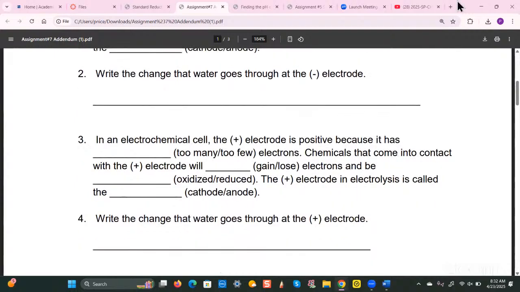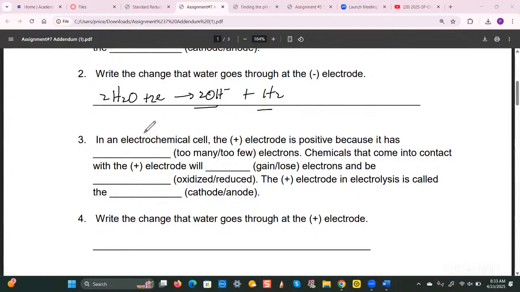And the answer would be water plus electrons to form OH minus plus H2. And of course, to balance that, we're going to need a 2 here, a 2 here, and a 2 here. That would be the reduction of water to form hydroxide and hydrogen.